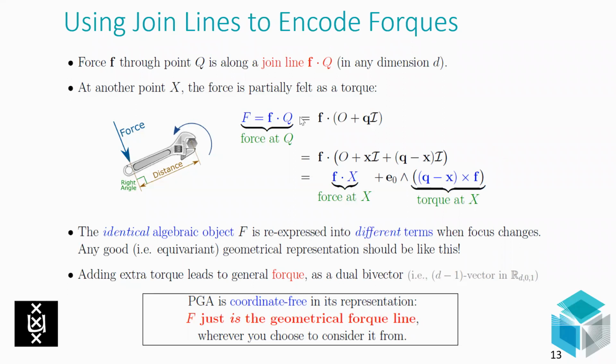In the classical representation, in which you were not too specific about specifying where things happen, you had to remember to add this term to actually make your physics correct. Here we have an invariant object, the force along this line, which depending on where you stand is felt as just a force and a torque, etc. So this identical algebraic object F is represented by different terms when the focus changes. That's a very, very nice property, because that means that you can set up your equations in a geometrical way and later decide where you're going to use them.